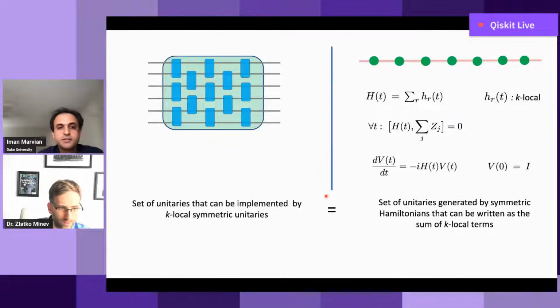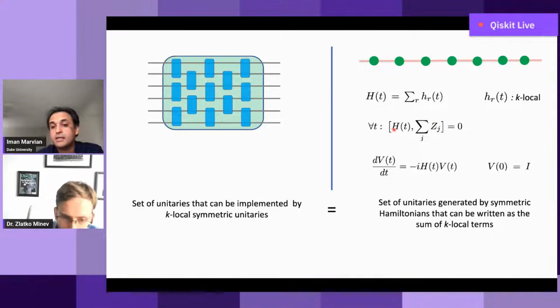Okay. So I formulated this question in terms of quantum circuits: unitaries that act on 2 qubits or k qubits, for example. But equivalently, I could have formulated this problem in terms of continuous time evolution under a Hamiltonian. Let's consider a system of qubits or qudits sitting on a spin chain, for example, evolving under a Hamiltonian H(t) that can be decomposed as a sum of k-local terms.